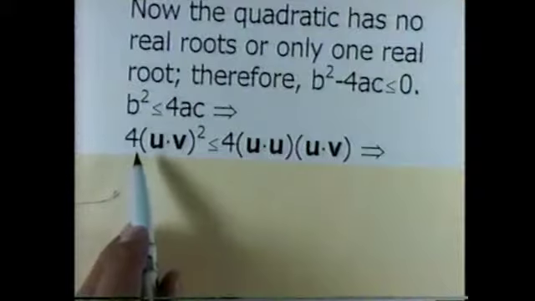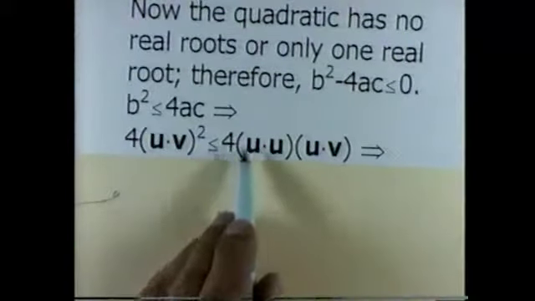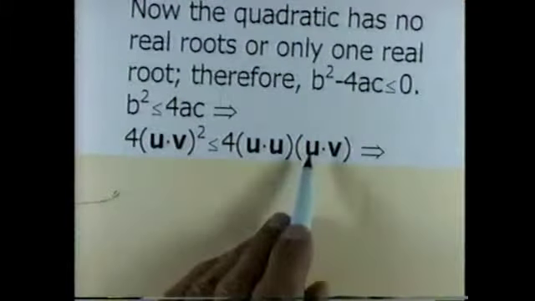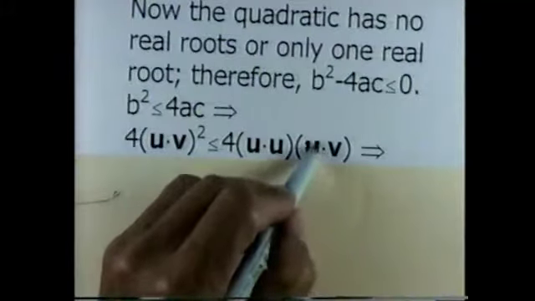So b squared would be 4 times u dot v quantity squared, is less than or equal to 4. In place of a, we have u dot u. In place of c, we have v dot v.